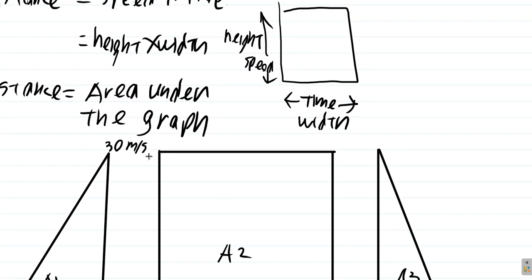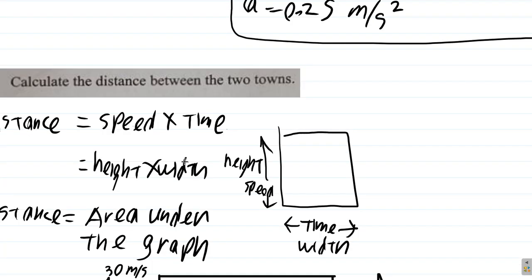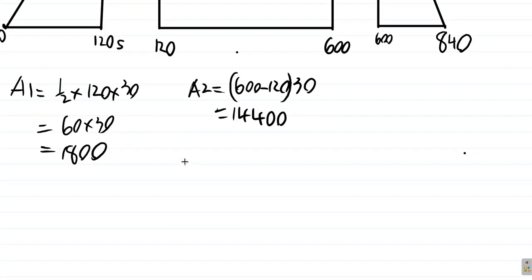And by the way, what's the unit? Well, distance is speed by time, meters per second times seconds. We cancel the seconds, leaving meters. Area is the same as distance, so you might as well call it D1, D2, D3. Same thing.